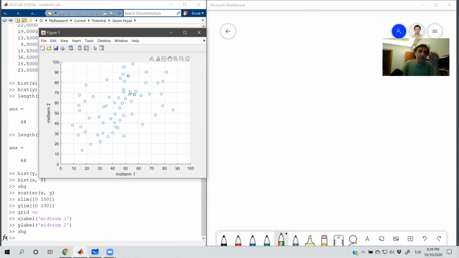But if you would like to make an inference, assuming that this is a random sample, a random semester has been taken here, and that's what I did actually, I may come up with an inference that is applicable for the whole population, for all semesters. For all semesters, I'm going to expect a relation between midterm 1 and midterm 2, and I'm going to try to extract this information using a single sample.